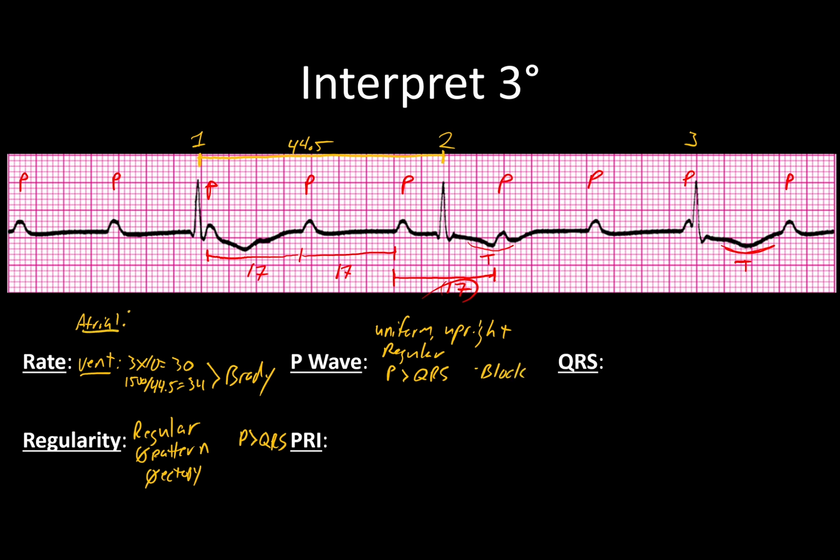Go back and do my atrial rhythm before I let that slip my mind. 1, 2, 3, 4, 5, 6, 7, 8, 9. But we're nice and regular, so 1500 divided by 17 gets us 88, which lines up just fine.